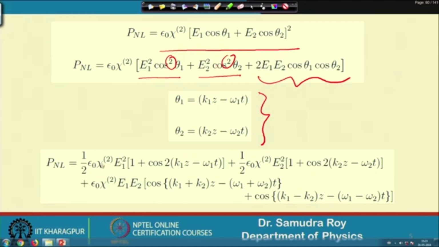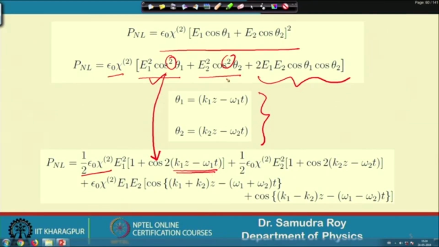So, half epsilon 0 chi 2 will be there, because I am taking half common. Let us consider only the first term. So, for the first term half epsilon 0 chi 2 and E 1 square I will take, and cos square theta is represented by 1 plus cos 2 theta, and this 2 theta term is now represented by k 1 z minus omega 1 t.